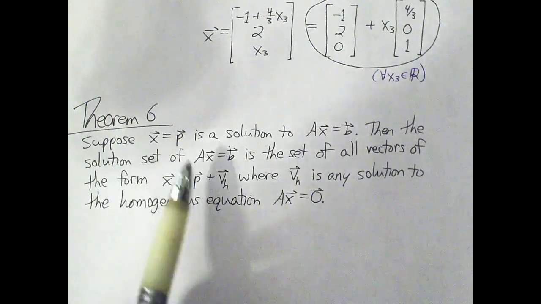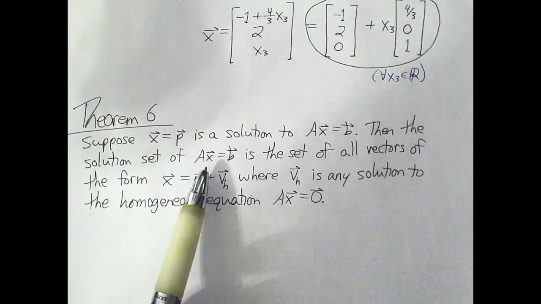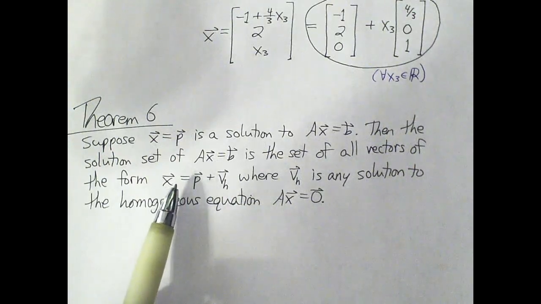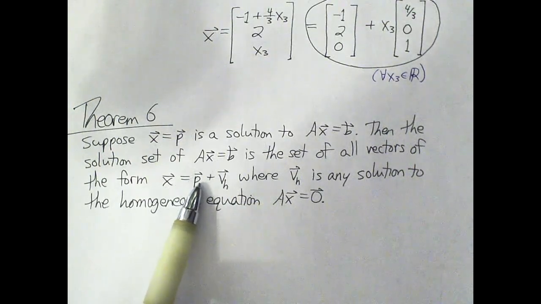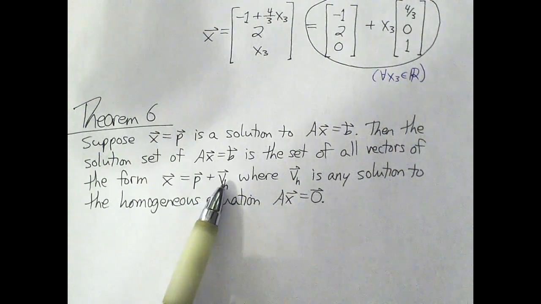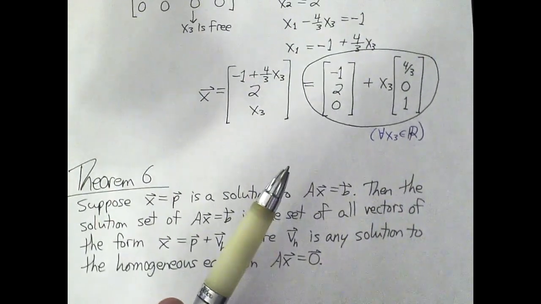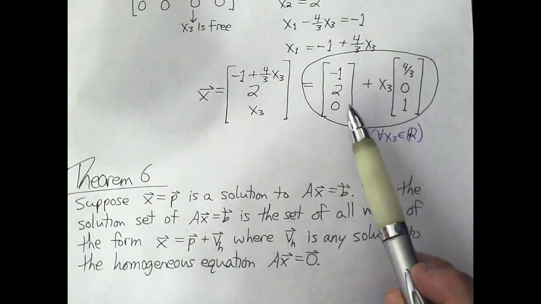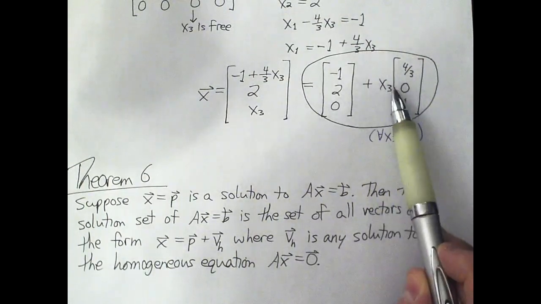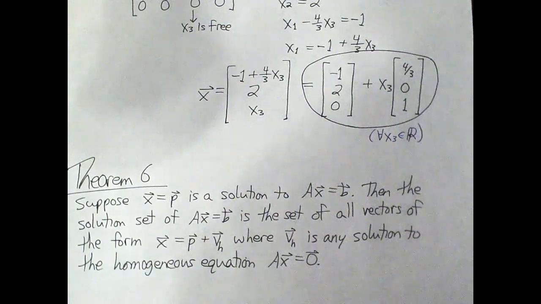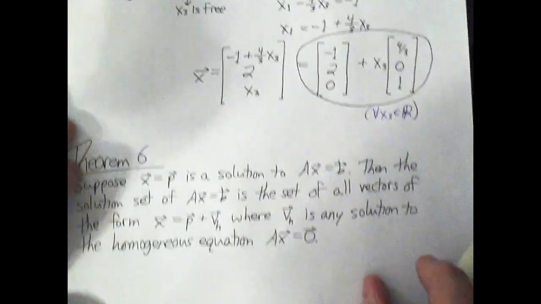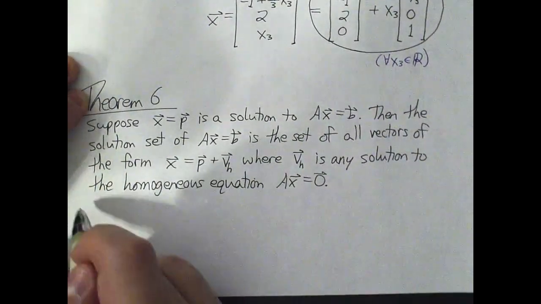Then the entire solution set to Ax equals b is going to be that particular solution plus any solution to the homogeneous equation. And that's why over here we had a particular solution plus all the solutions to the homogeneous equation.